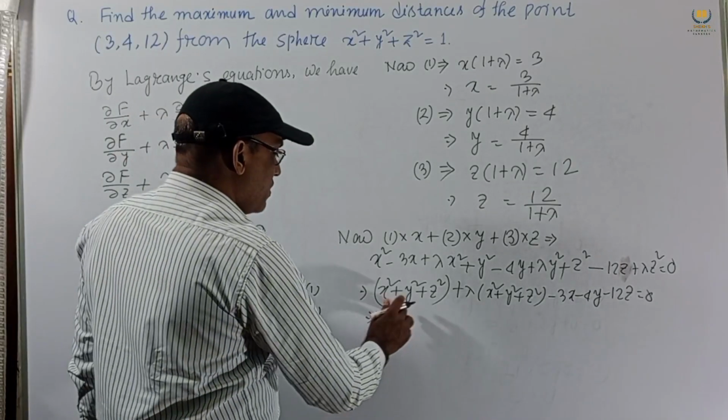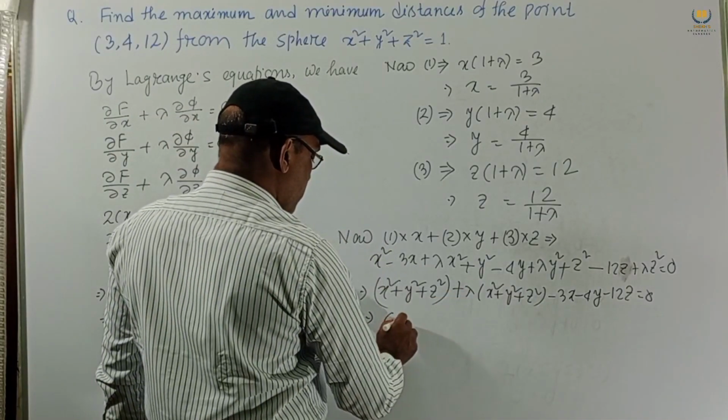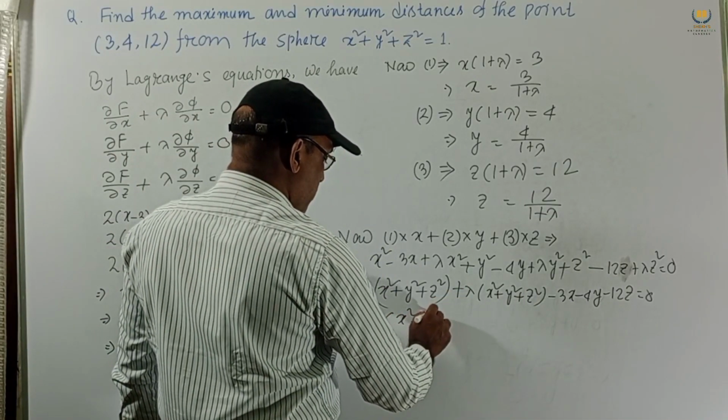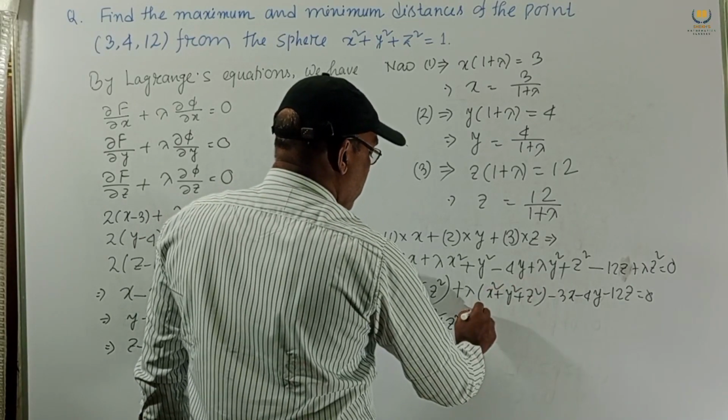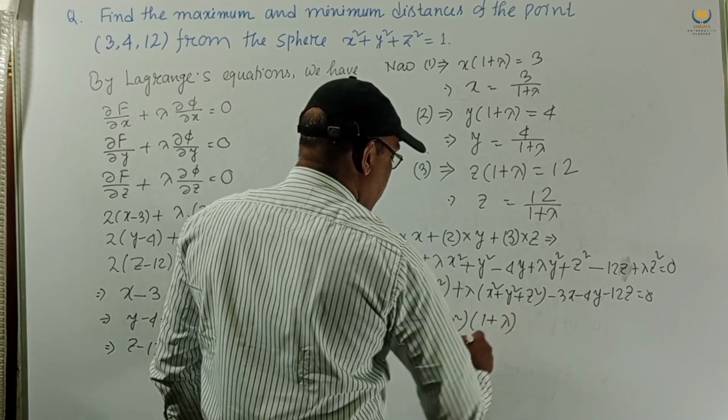And again from these two, taking x square plus y square plus z square common, then we get 1 plus lambda.